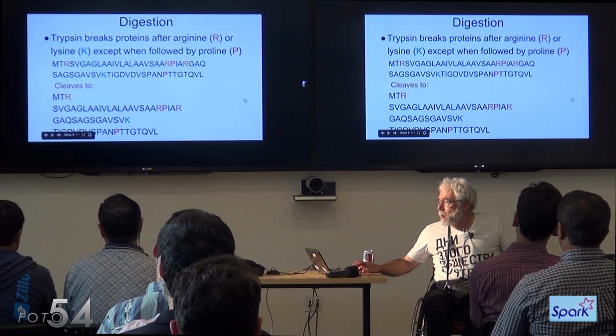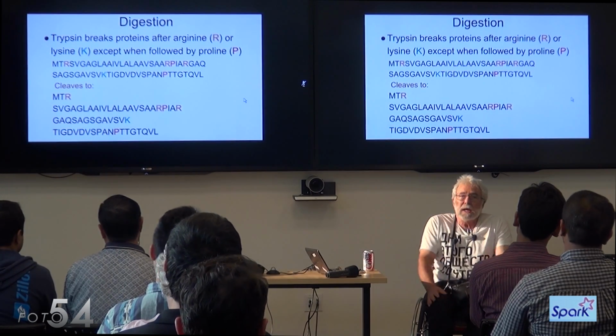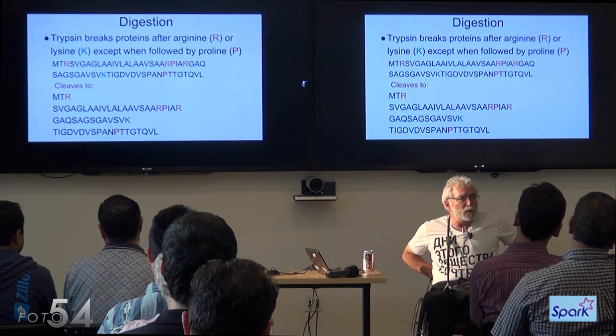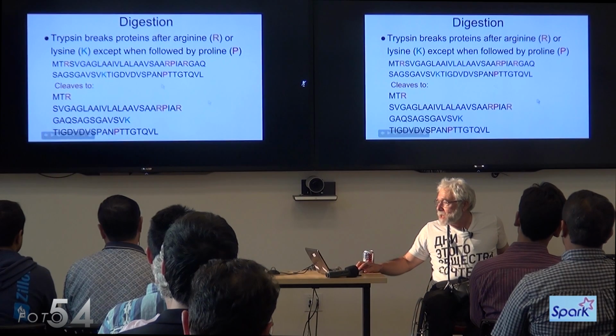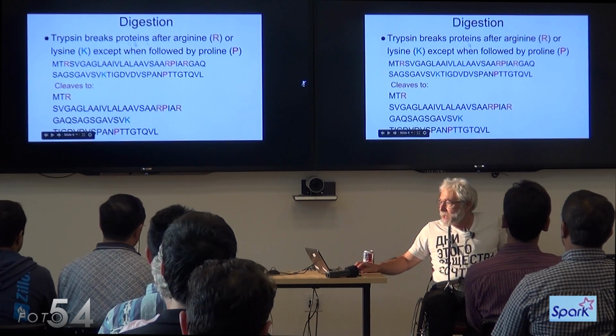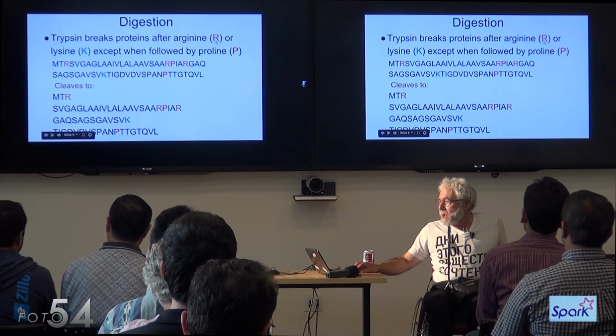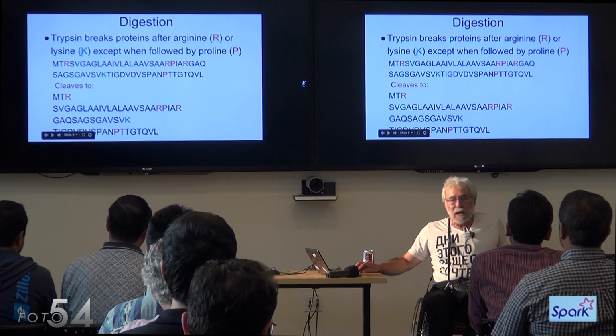So, we also have some interesting tools. One of the tools is several enzymes which will break up proteins in known and interesting ways. So, we're going to use trypsin a lot, and trypsin is an enzyme which will break a protein after an arginine or a lysine, which are two kinds of amino acids.